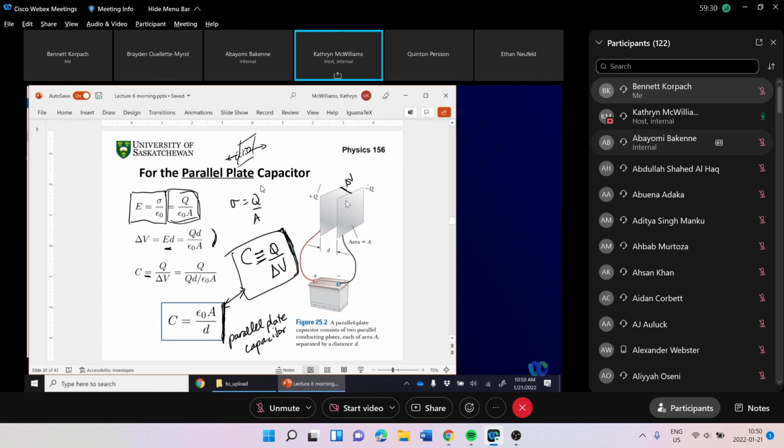But the capacitance, because it's related, you can write it as a function of just properties of the device. The capacitance is always the same for that device. Okay. So if delta V goes down, then Q has to go down so that C can stay the same.